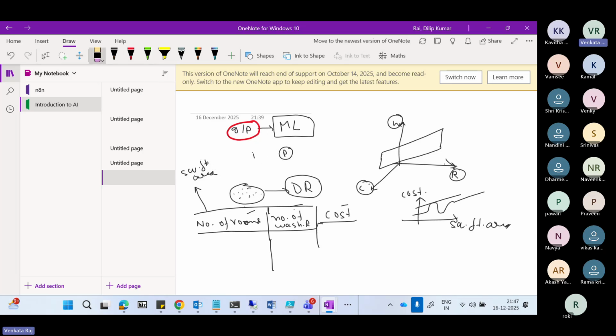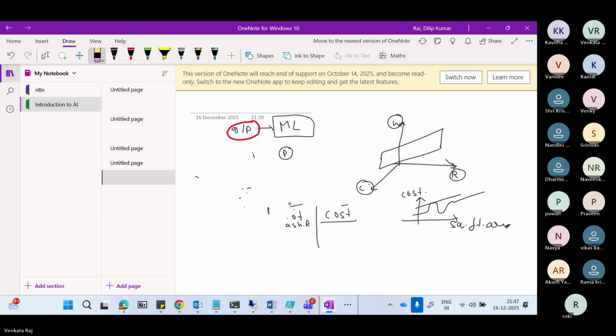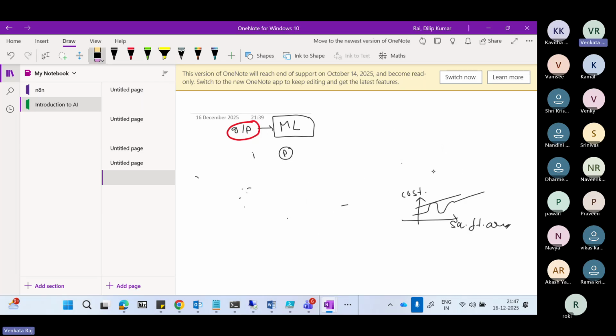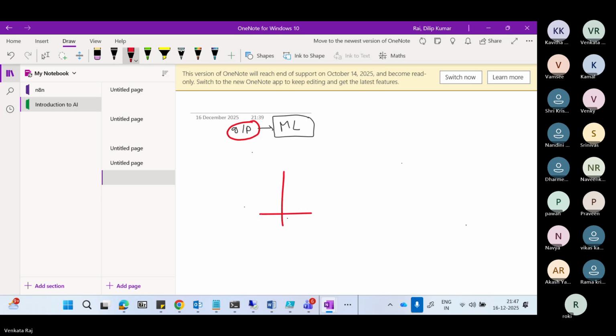So this clustering helps in dimensionality reduction as well, and it helps in unsupervised machine learning through clustering. It also helps in anomaly detection. Anomaly detection means finding unexpected behavior, unexpected cases. Like, this is a case.